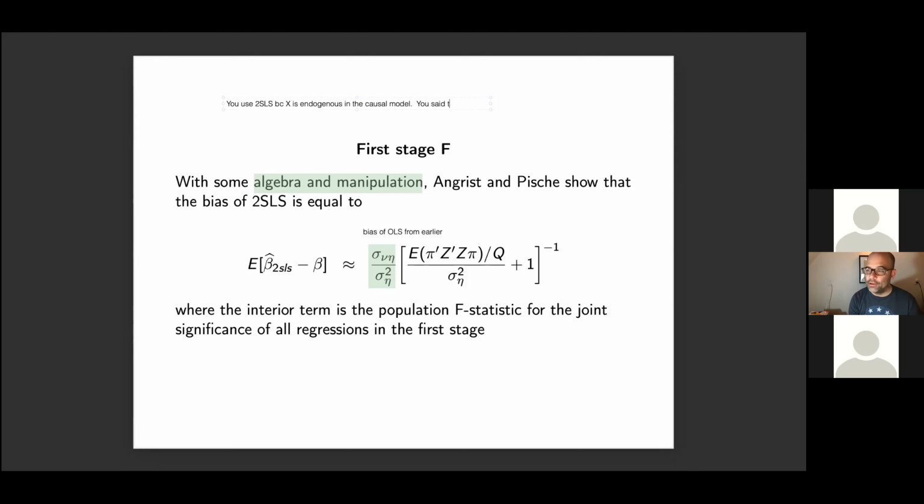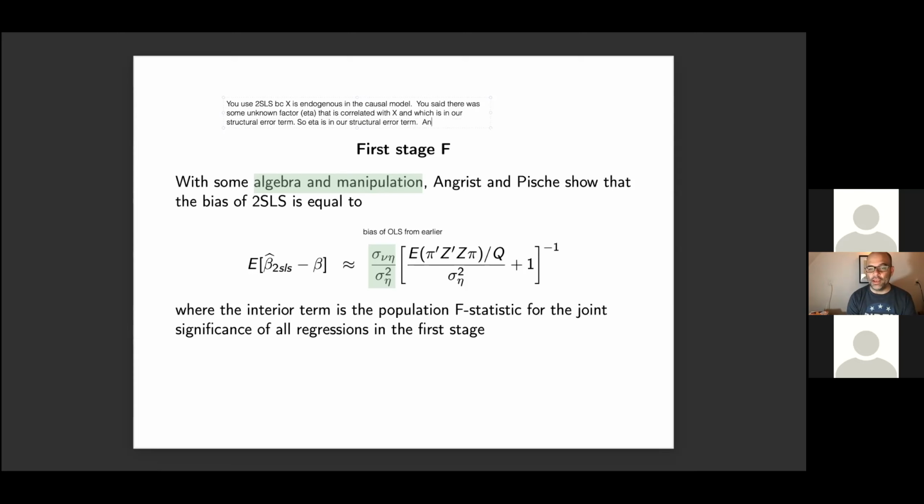You said there was some unknown factor, eta, that is correlated with X and which is in our structural error term. So eta is in our structural error term, causing a correlation.